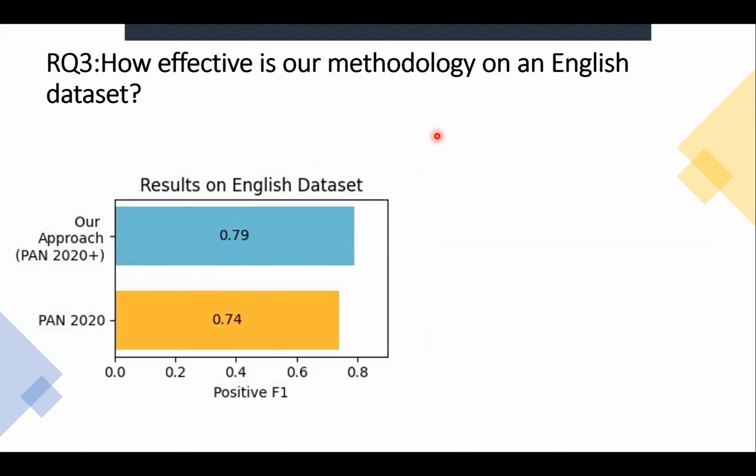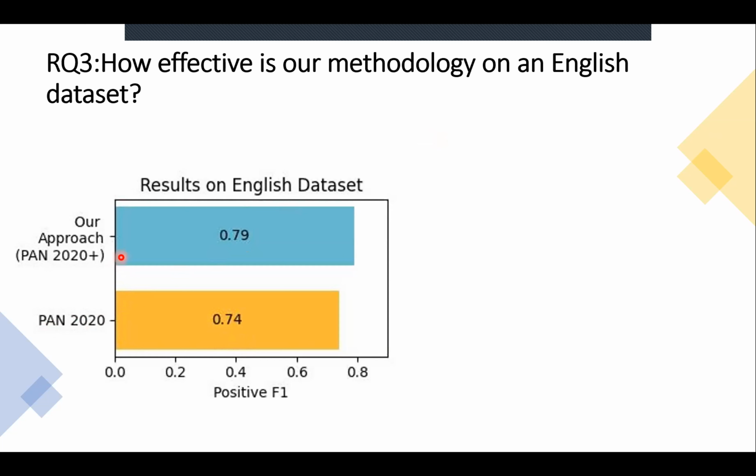We also wanted to prove that our methodology is not only effective on Arabic, but also on English. So we used the English dataset that was used in the author profiling task at PAN. Here you can see the winning participation, and they achieved an F1 score of 74.